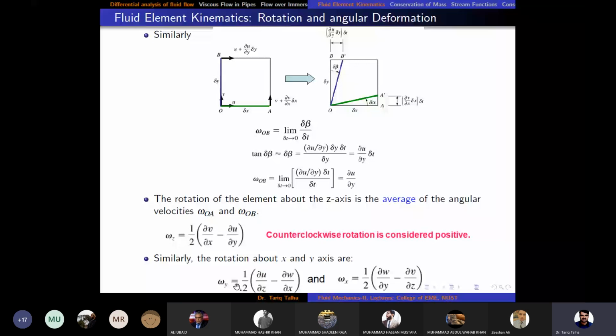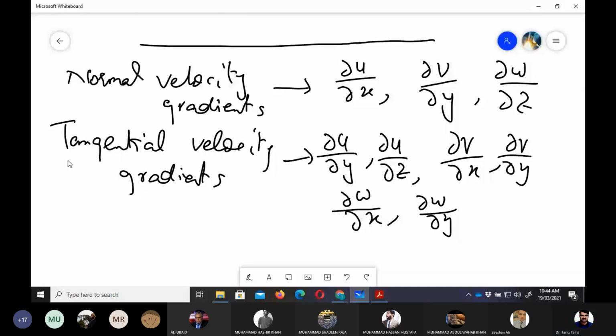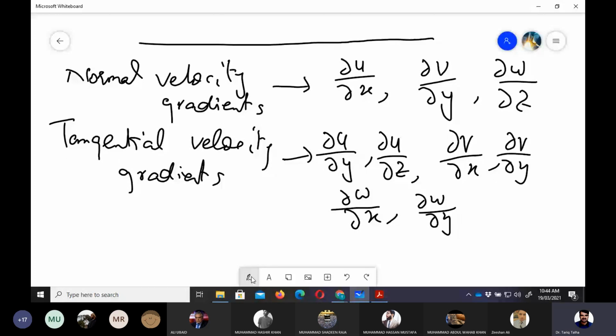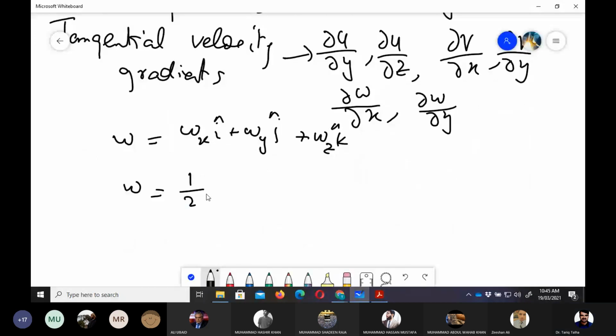So the last thing we discussed in the class was that the omega vector we can write as omega x i plus omega y j plus omega z k. And the second thing we discussed is that omega is half of the curl of the velocity field.